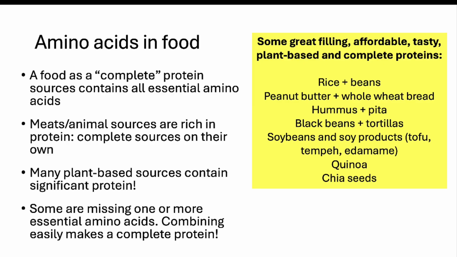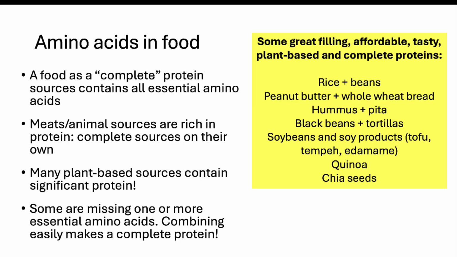And so here are some examples of common meals or snacks that pair two plant-based sources into a complete protein. And I think this is a really good list if you're in healthcare and thinking about patients who may want to be vegetarian or who may not have the greatest financial resources to get food. How can we get complete protein sources that will be conducive to good health, right?